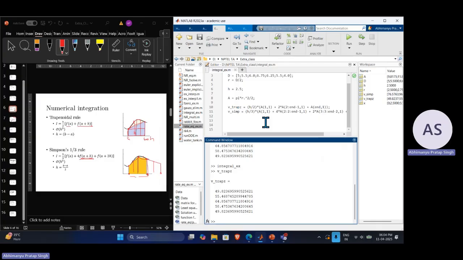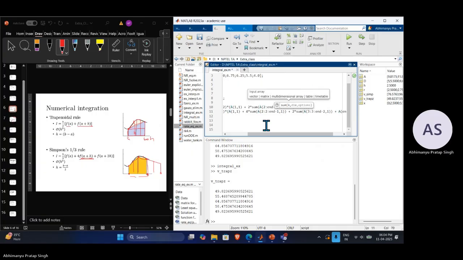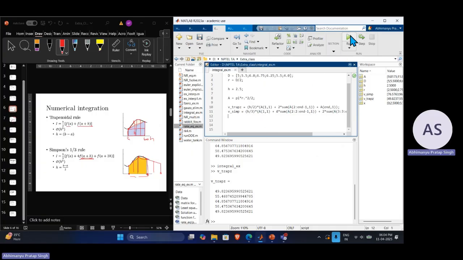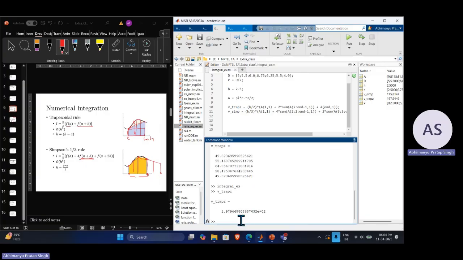Mm, okay, sorry, yeah. So this should be sum. That is a vector that we are extracting over here. Similarly, this should be sum. And similarly, so this is what we are getting using the trapezoidal rule, and this is what we are getting using Simpson's rule.